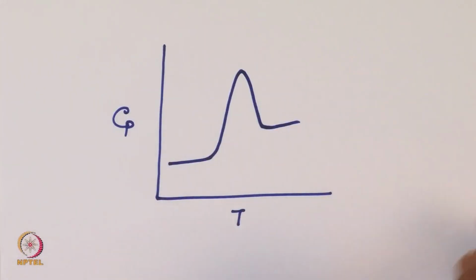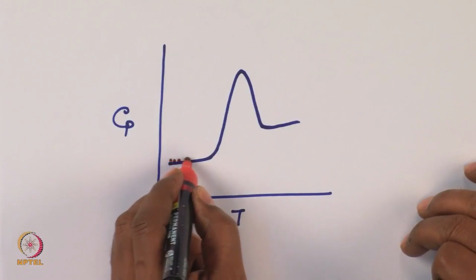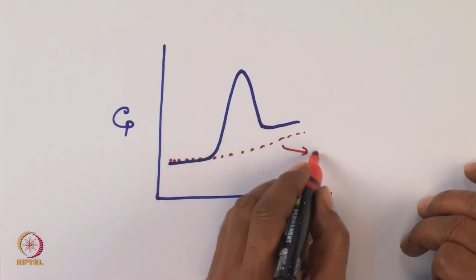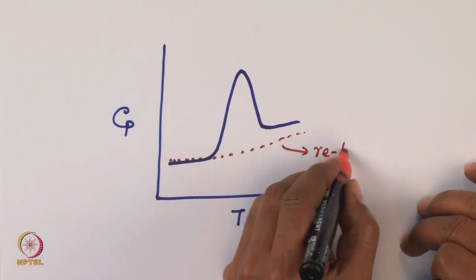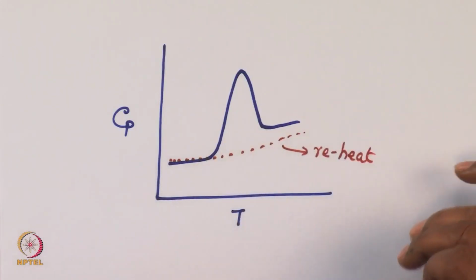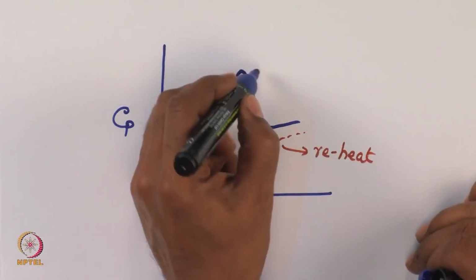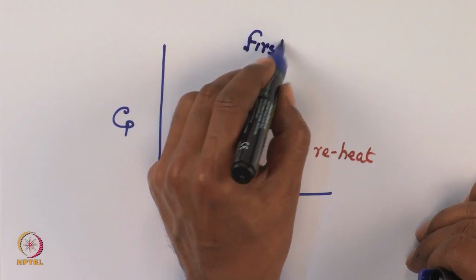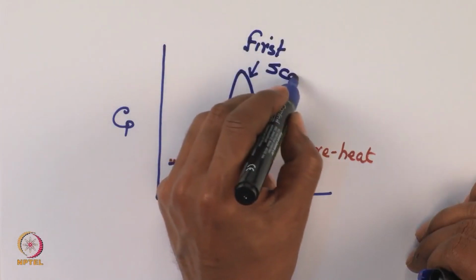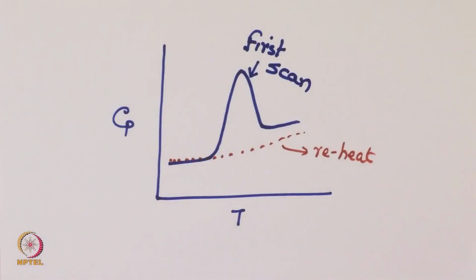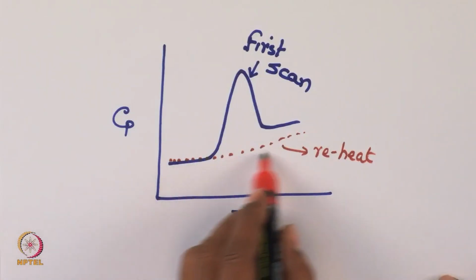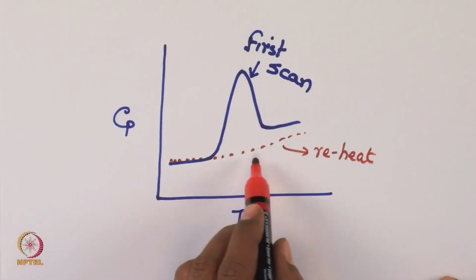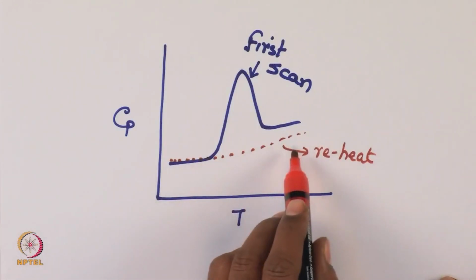If the reheat is like this, that means your endotherm is completely disappearing, then it is 100% irreversible.